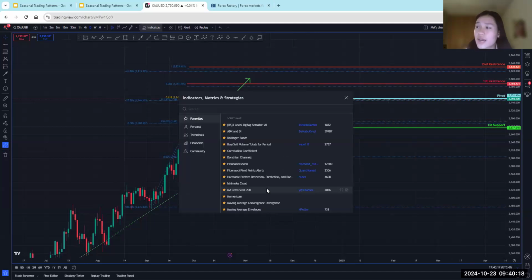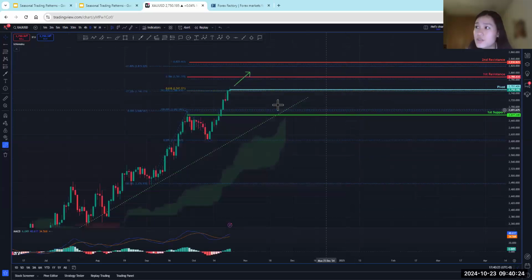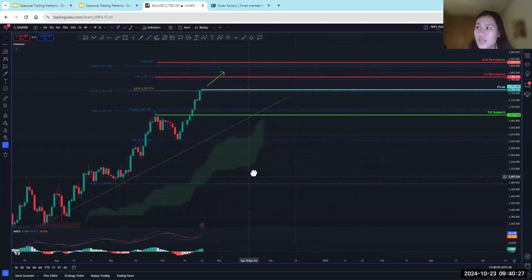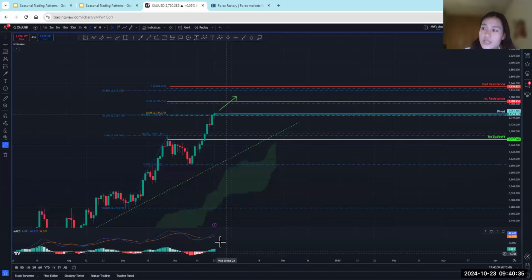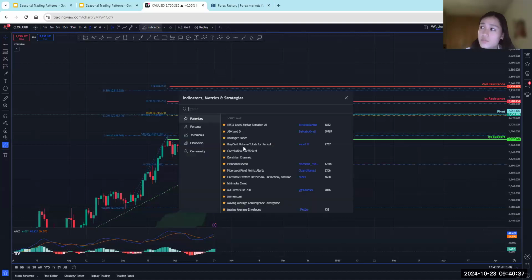Let's take a look at our indicators now to see if they support our analysis. I'm starting off with Ichimoku and MACD because at one glance you can see exactly what the signals are. For Ichimoku, price is moving above the cloud, which is a bullish signal. MACD is also a bullish signal here.